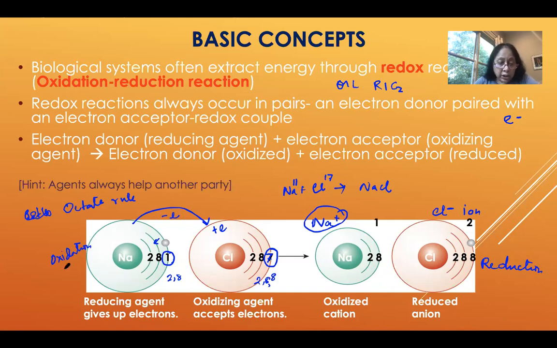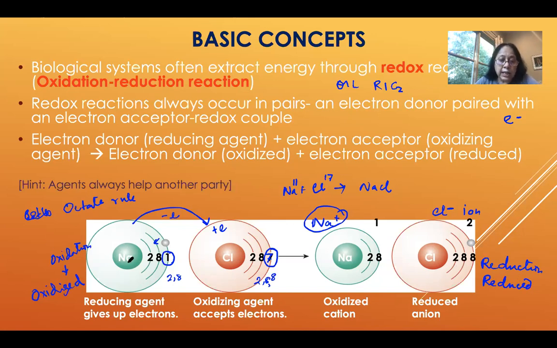Now after oxidation, what will happen? When Na converts into Na plus, that means sodium is oxidized. And over here, chlorine is going to be reduced. Okay, I hope this is clear up to here.